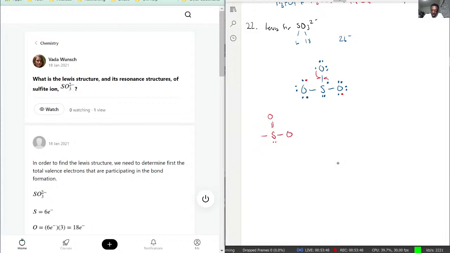Okay, as you can see here, 26 electrons. We have 3, 6, 9 lone pairs plus 1, 2, 3, 4. So that's 13 pairs in total. And so we do have 26 electrons.